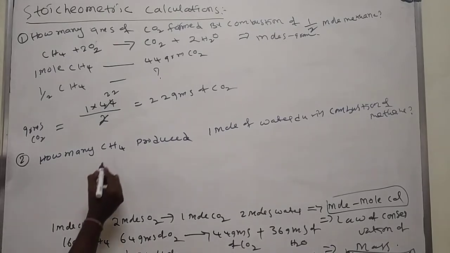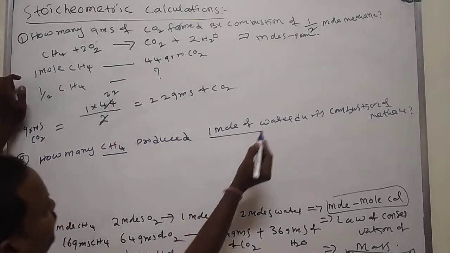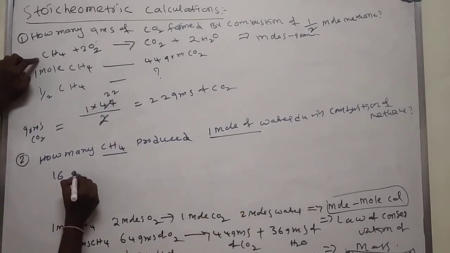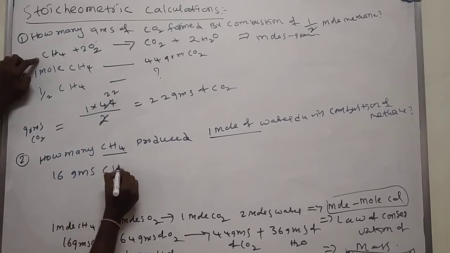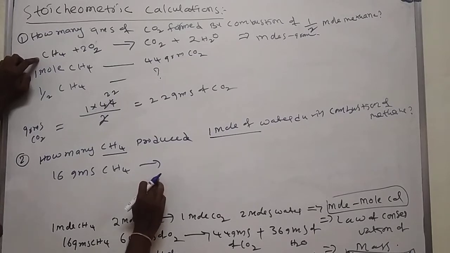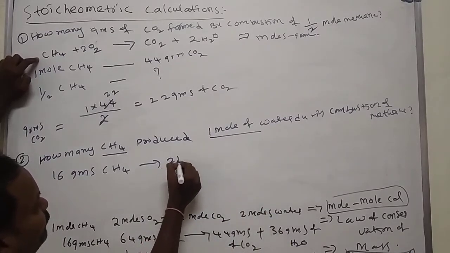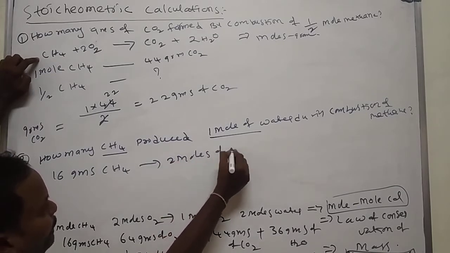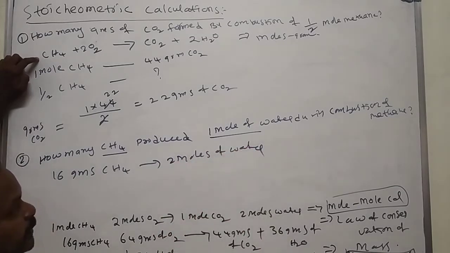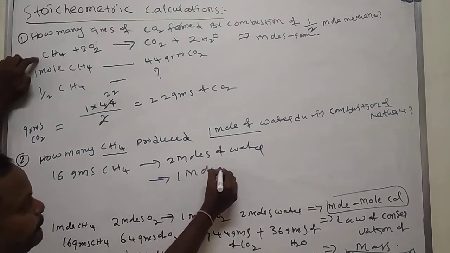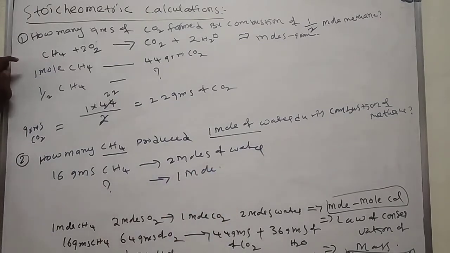Here, for 1 mole of water, how many grams of methane? 16 grams of methane produces how many moles of water? 2 moles of water. For the production of 1 mole of water, how much methane is required?